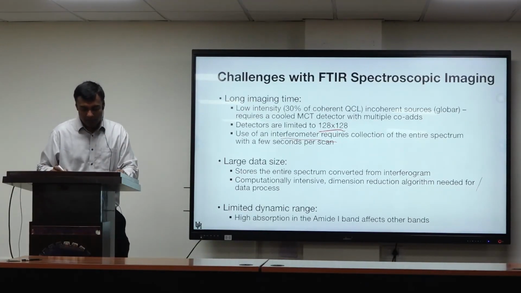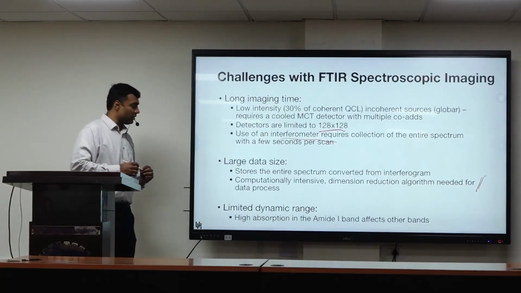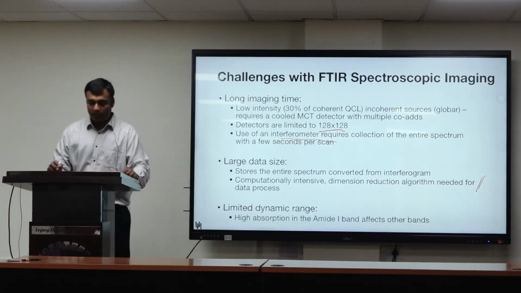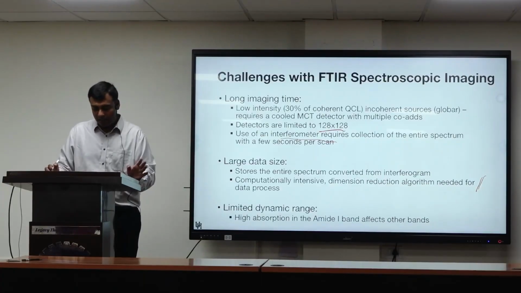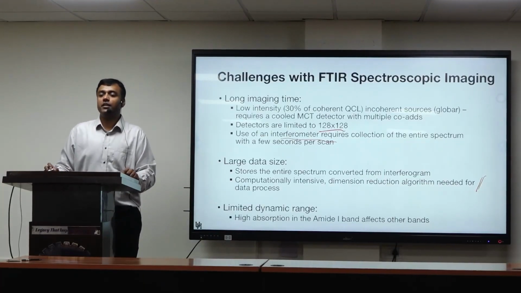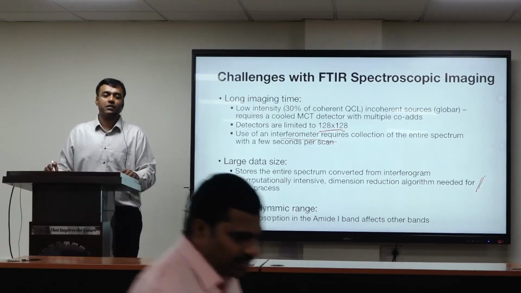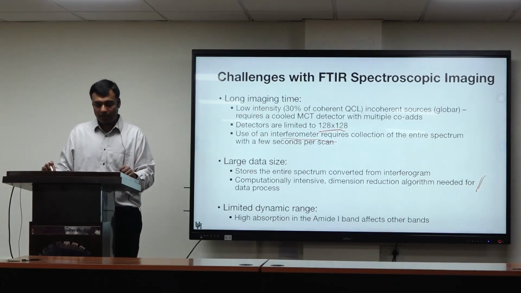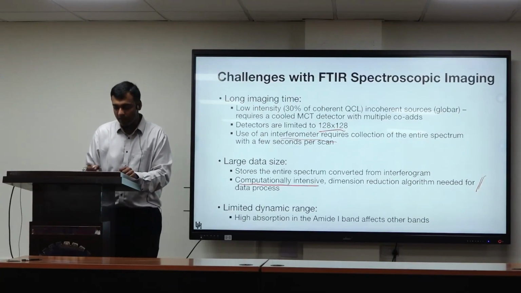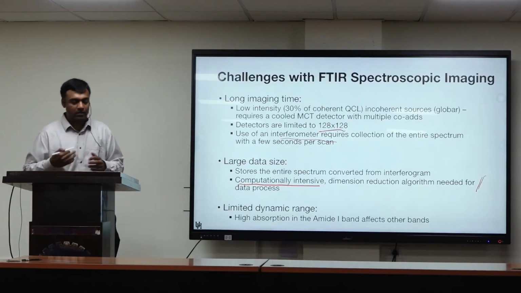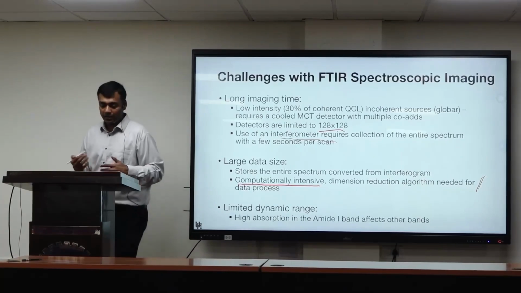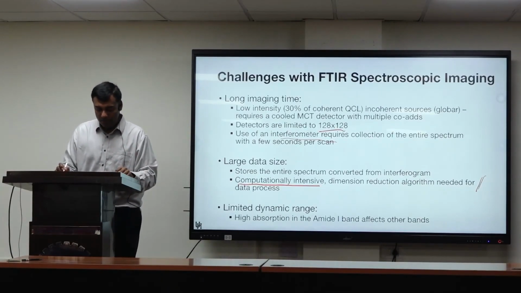The other thing is you get a lot of data. If you want to collect all the data and do some data processing, it takes a long time. Computationally, you need algorithms, GPUs, and the computation is quite intensive, and you need some dimensionality reduction and other things to make it usable.